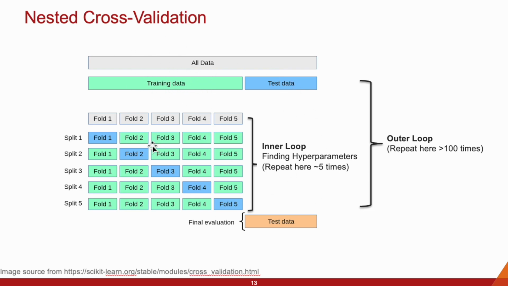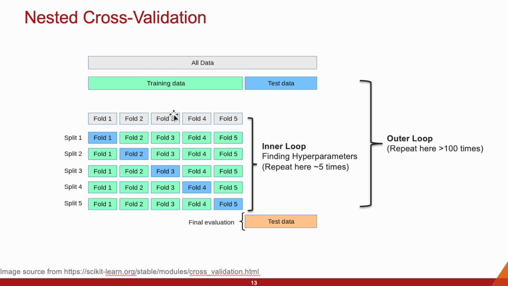Here on this figure, I'm presenting 5-fold cross-validation, where the original dataset is divided into training and test datasets using 5 folds, and we are using 4 folds to train the model and 1 fold to test the model. And again, we are dividing the training datasets into 5 folds because we are using nested cross-validation.